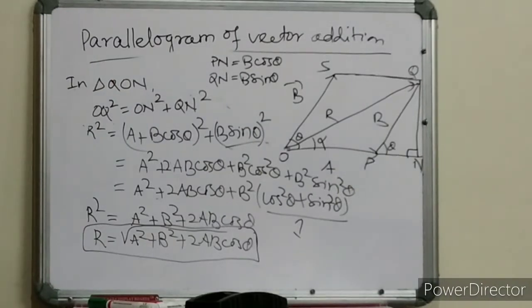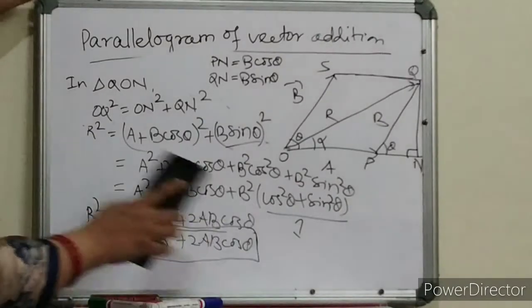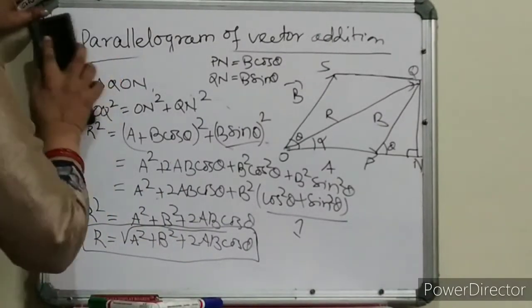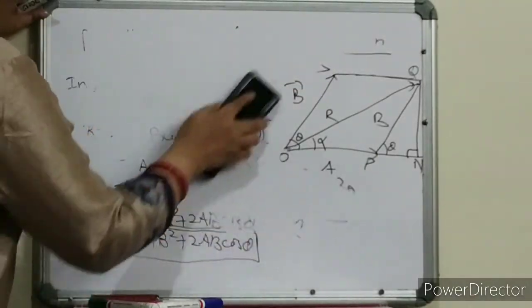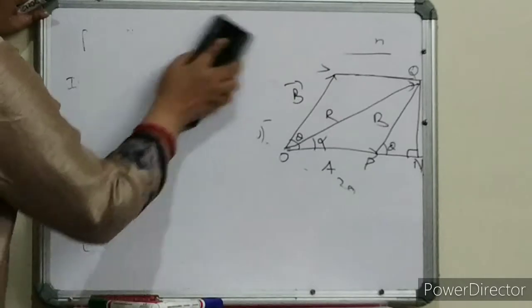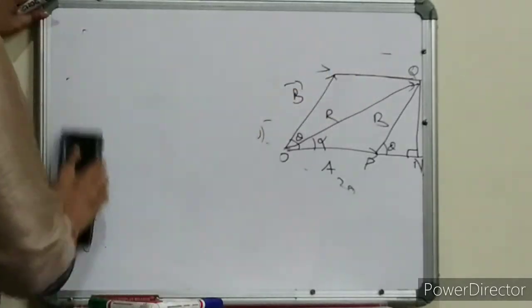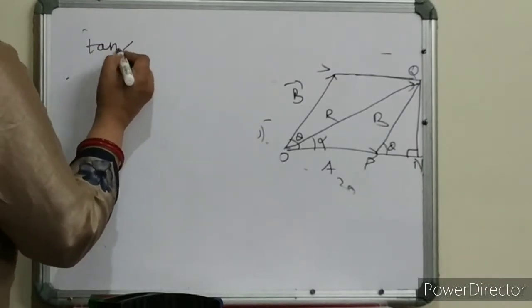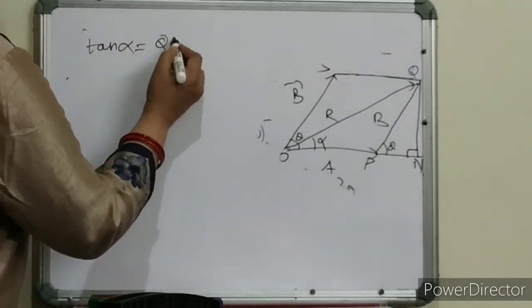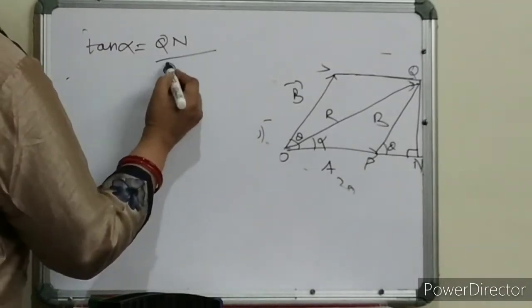So for direction we have to find tan alpha. I think you people have noted it down, so I am clearing the board. Now how to find tan alpha? What is tan alpha, children? Tan alpha will be QN by ON.